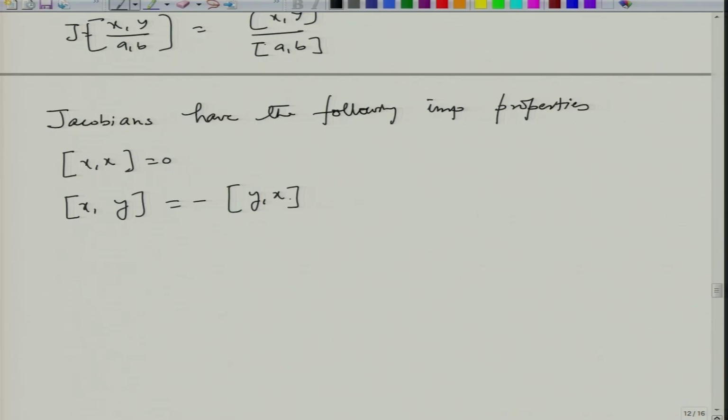Okay, you may ask the question, what does this particular notation mean? So this would be more like a differential of x keeping y constant, and essentially this is directly related to the determinant approach.